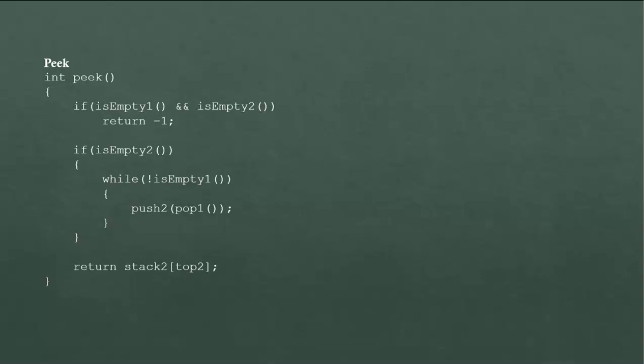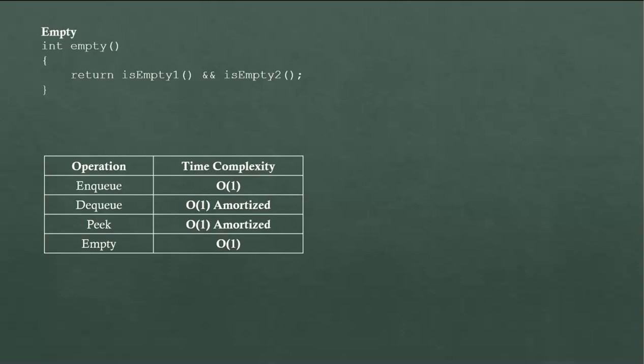Finally, it returns the top of stack 2. Done. Finally, look at empty. This simply returns true if both stack 1 and stack 2 contain 0 elements. So simple.